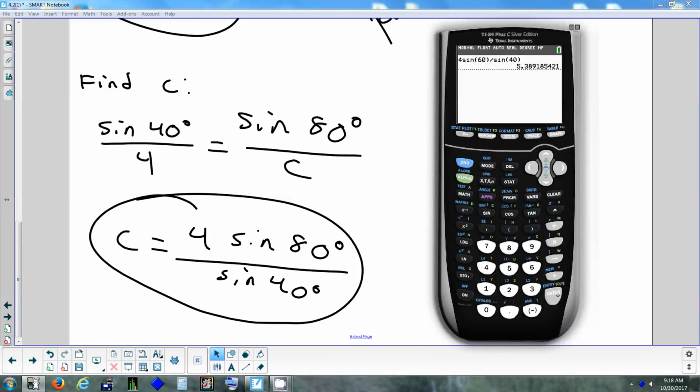Okay, if on your calculator you can bring up the last thing you typed in, a lot of times you can pretty much type the same thing in again and just change one number, so kind of speeds it up. So this time I just have to change it from 4 sine 60 to 4 sine 80. Okay, other than that, the calculation is the same. 6.128.